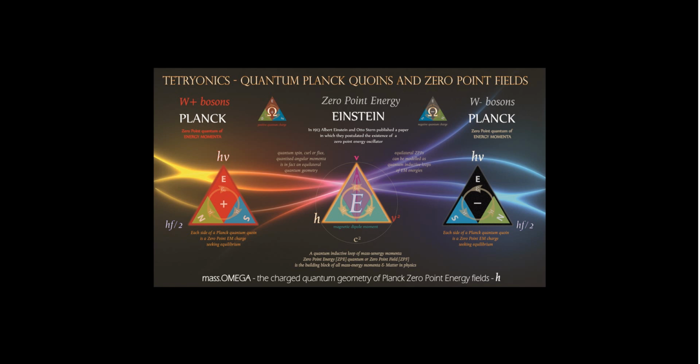So just to try and round this off and cap it up, because we are going well over what I wanted to set myself. We've spoken about the zero-point fields, zero-point energy, spoken of by Einstein.